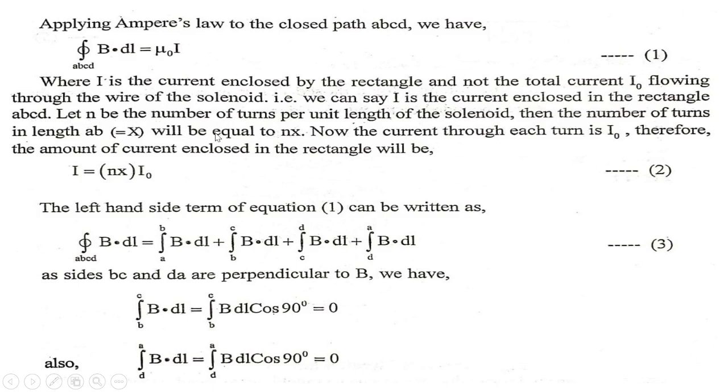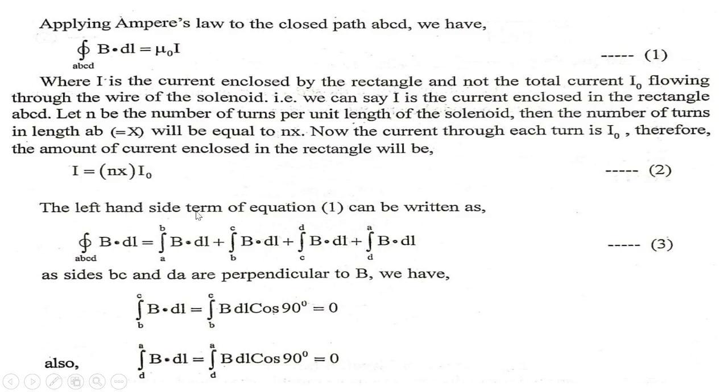Let n be the number of turns per unit length of the solenoid. Then the number of turns in length AB equal to x will be nx. Now the current through each turn is I0. Therefore, the current enclosed in the rectangle will be I equals nx times I0.